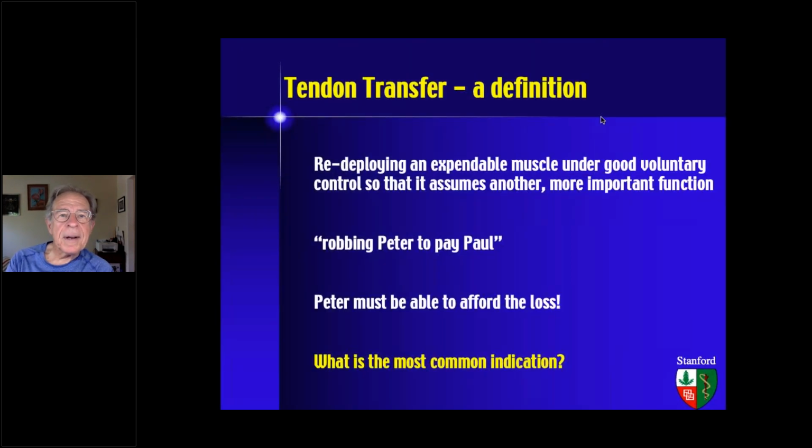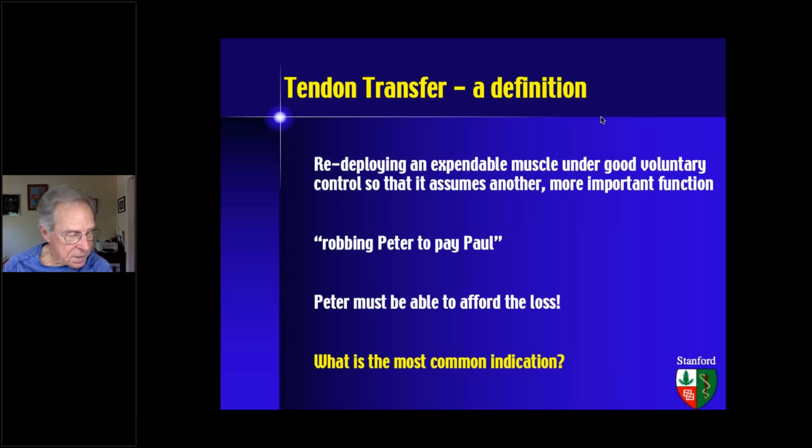Okay, I think that's very good. And a way to look at it is we're redeploying an expendable muscle that's under good voluntary control so that it assumes another more important function. And just as you said, this requires that Peter has to pay Paul since we're robbing Peter. And then Peter has to be able to afford the loss.